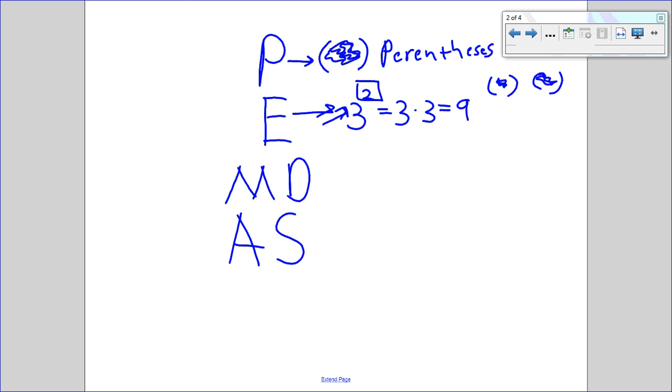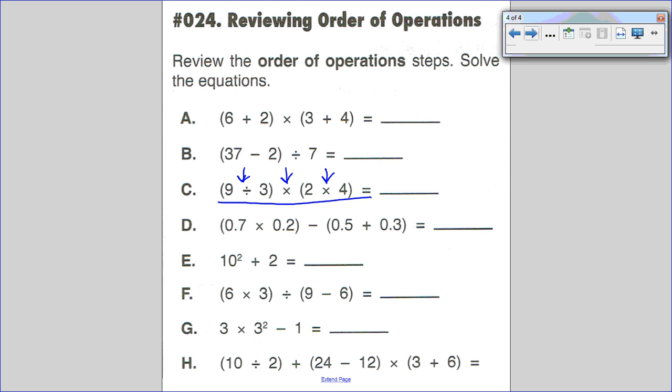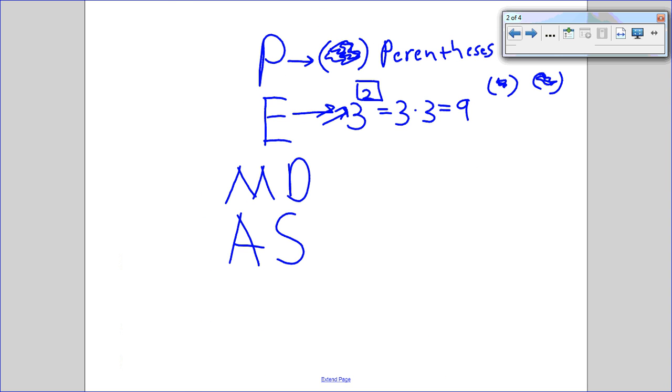So if we were working one of our problems, we actually have 3 to the second power on one of the problems we're going to be working. So we would just evaluate that to 9, and that would be the first thing we would do for that problem. Okay? So that's for exponents. Okay?